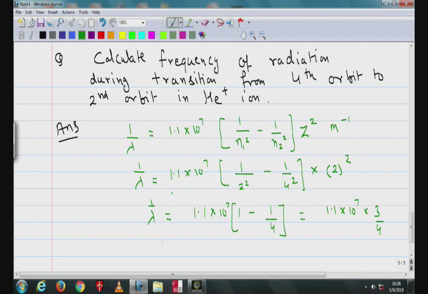And then for lambda, I can write it like this: 4 upon 1.1, 10 to the power minus 7 will be there, into 3. Now you can solve it. This is 4 upon 3.3 into 10 to the power minus 7 meters.